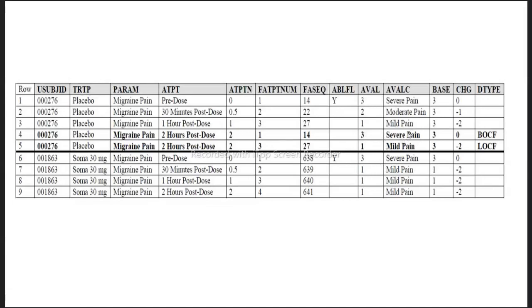Now we have a pool. Sometimes they will ask you to keep the worst case scenario, WOCF. Sometimes they will ask you to keep whatever baseline we have, the baseline value also. So to compensate for a missing value in a particular visit, we are going to have the previous value plus the worst case, or the previous value plus the baseline value.